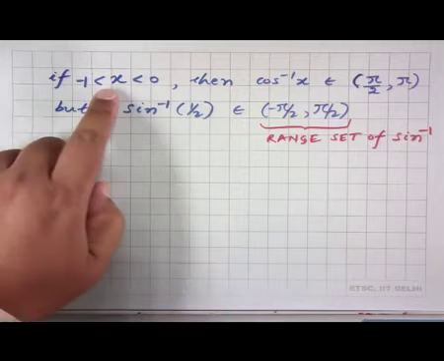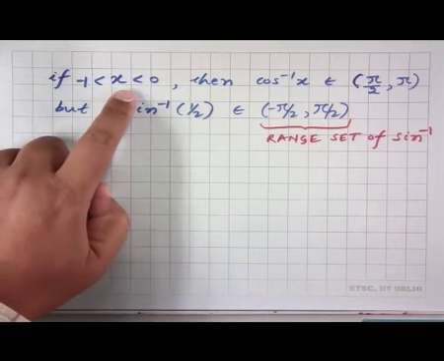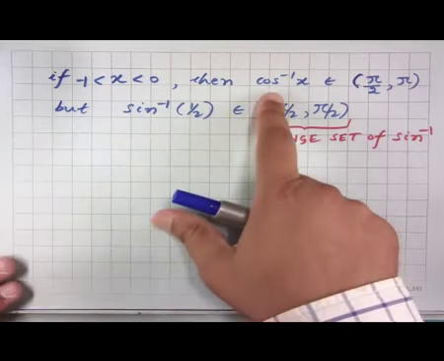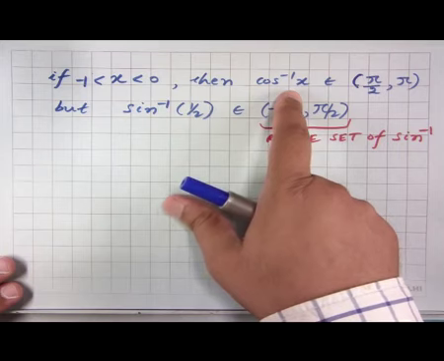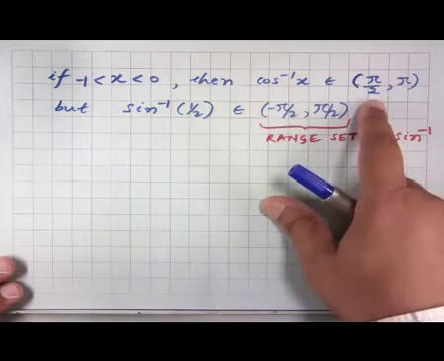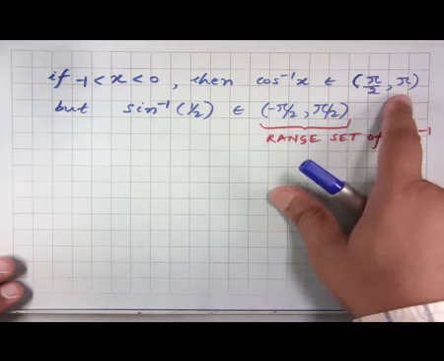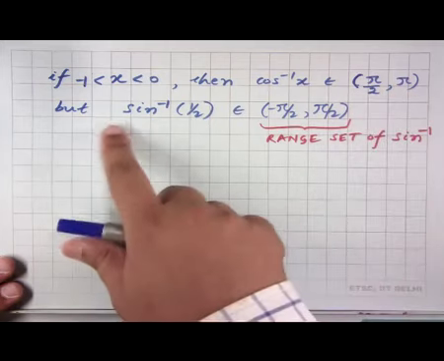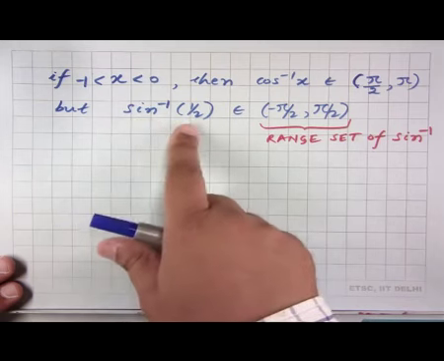The thing to be realized here is that if x is between -1 and 0, then from the graph of the cos inverse function you can see that cos inverse of x would belong to the interval pi by 2 to pi. But then the problem is with sine inverse of half.